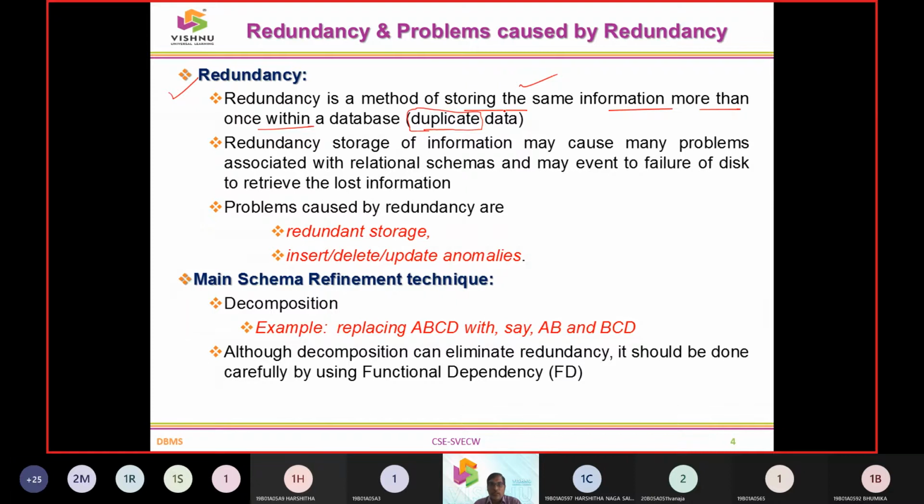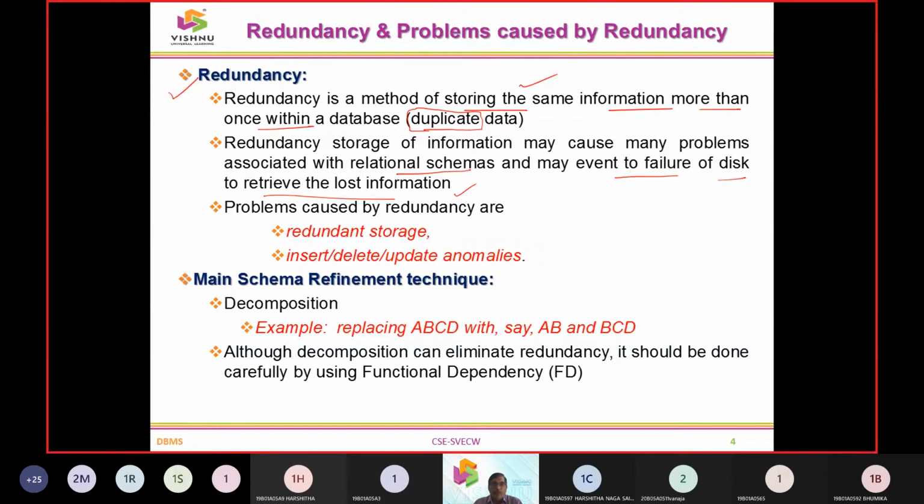We call it redundancy. Redundant storage of information is going to cause many problems related to schemas and may lead to failure of disk or loss of information. These are the basic key takeaways towards redundancies.